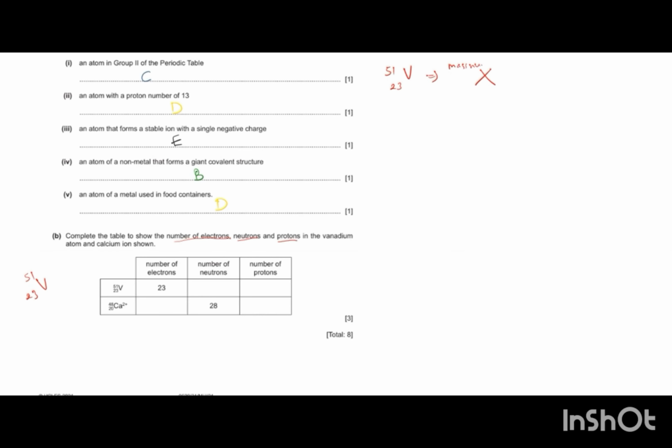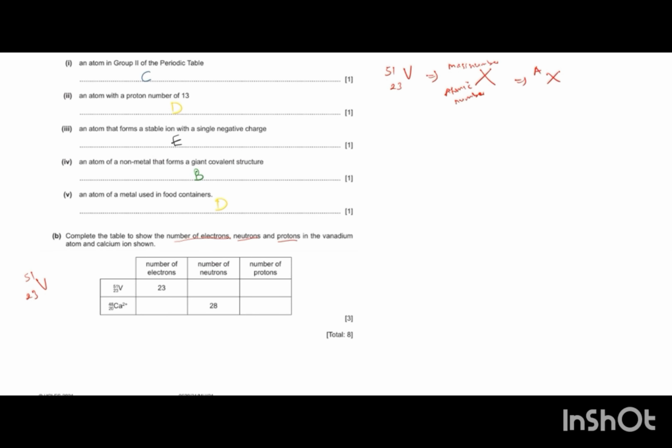Some people call it the relative atomic mass, while this one is the atomic number. Some will write it as A, X, and then Z. This one is the atomic number.